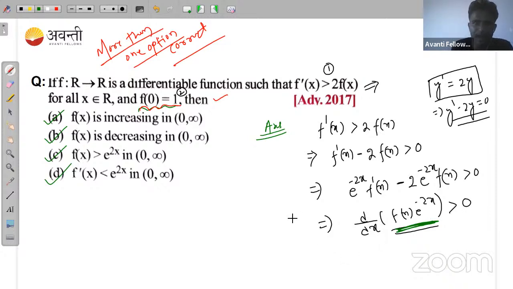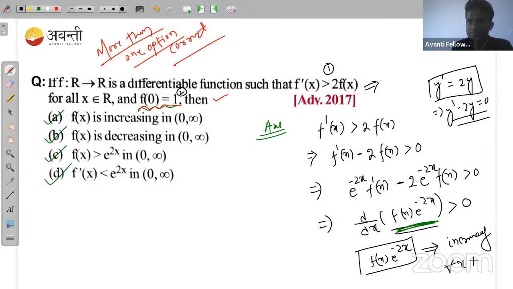So I can draw the conclusion here that f of x e to the power minus 2x as a whole is increasing for all x. Yes or no? Is it clear so far? So far, what we have done is just show that it is increasing.